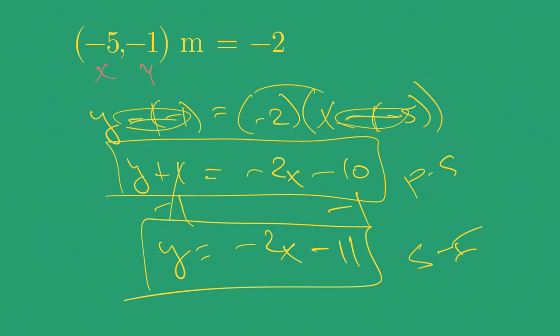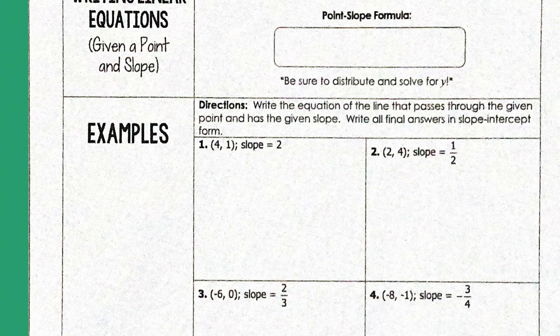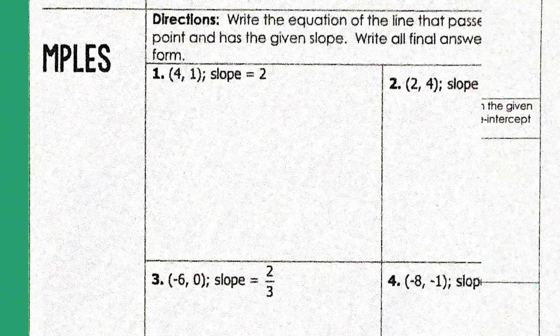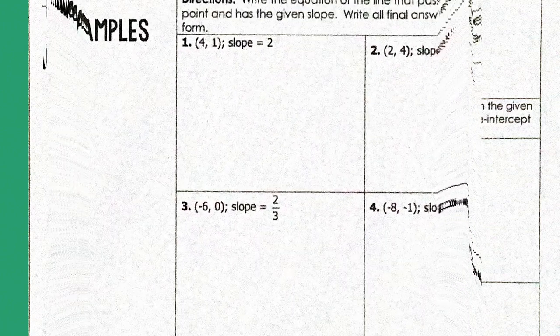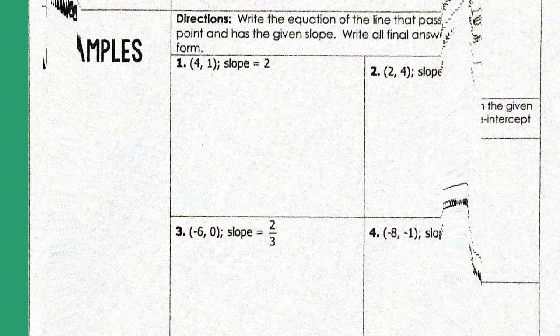All right, questions thus far? We okay? All right. Assignment. We are going to do, take a look on this first page right here. How many problems right there have a slope that is not a fraction?